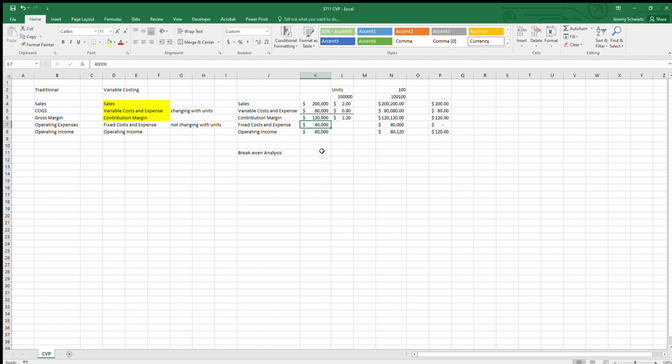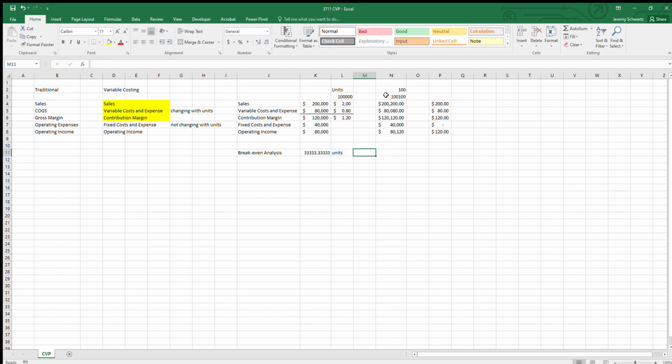And so to determine that, we just divide our fixed cost by the contribution margin per unit, and that gives us 33,000 and change, rounded. So this would be how many units would be needed to break even.